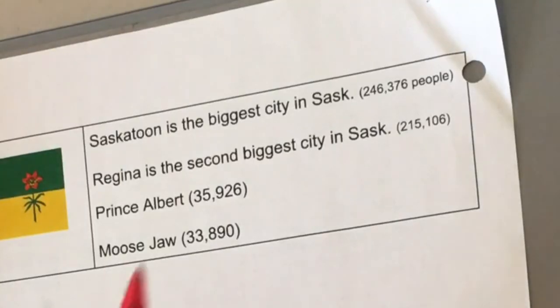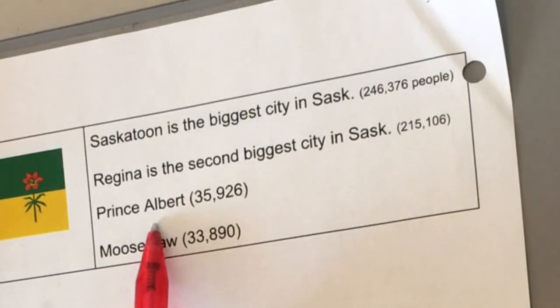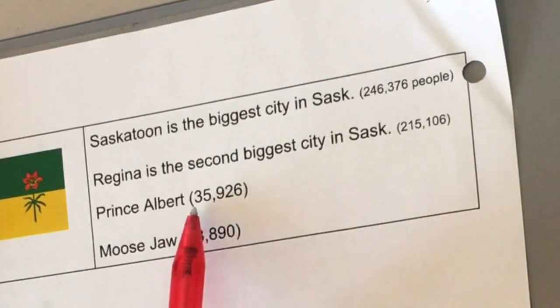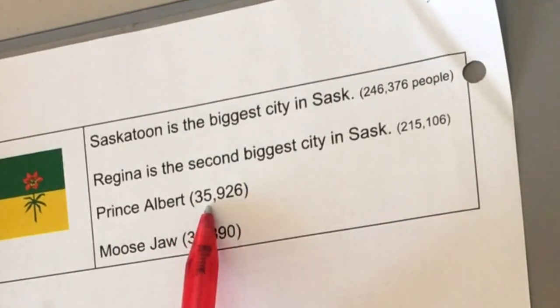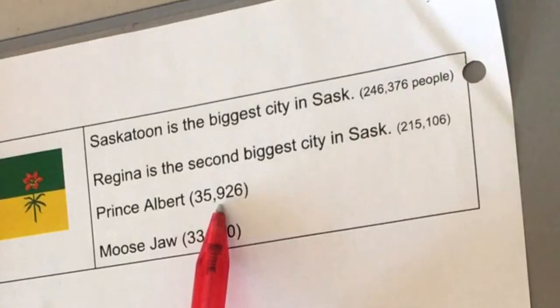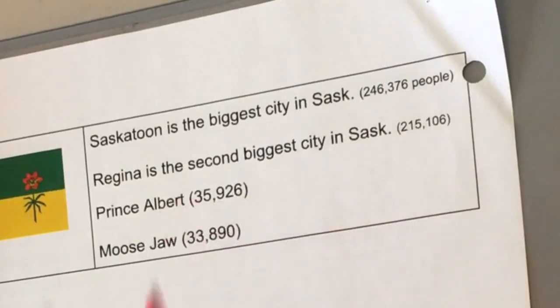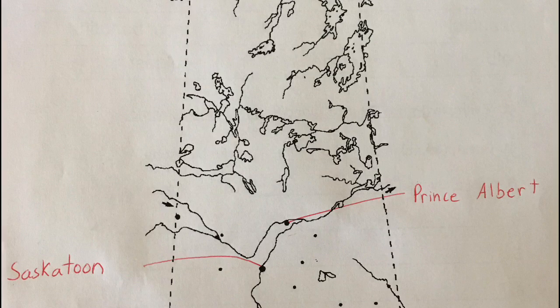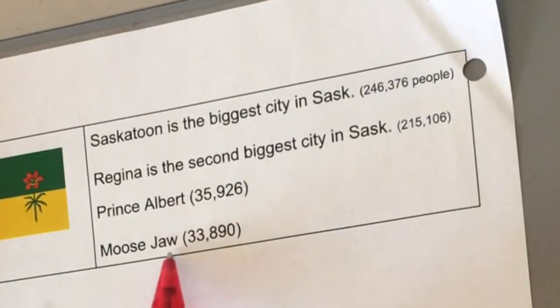So Prince Albert is the third biggest. It has 35,926 people. And Prince Albert is here. Moose Jaw is the fourth biggest city.